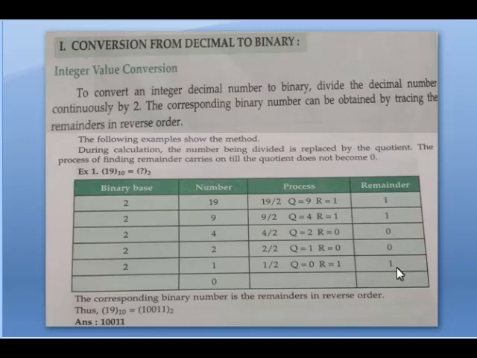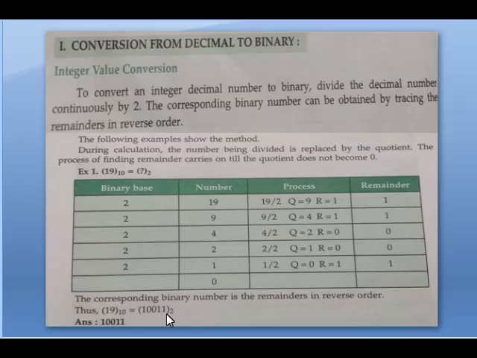Therefore 19 to the base 10 equals 1 0 0 1 1 to the base 2. This is the conversion of decimal number to binary. The binary equivalent of 19 is 1 0 0 1 1 to the base 2.